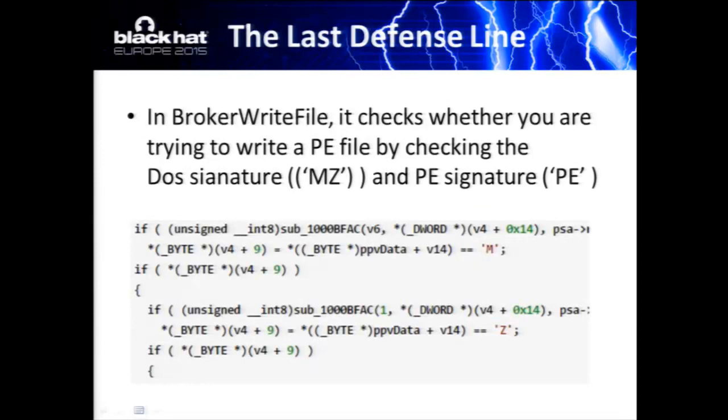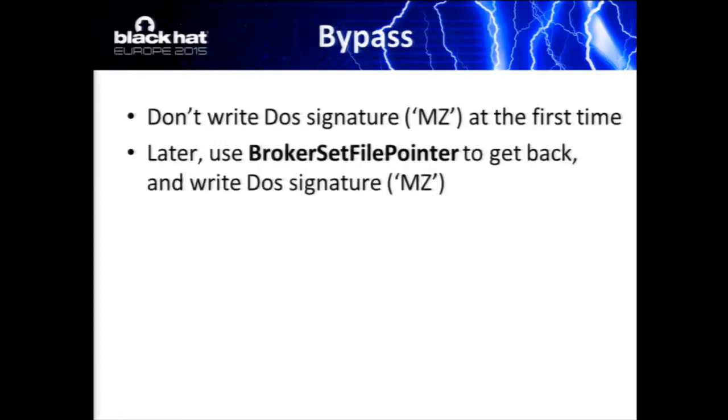If it finds such a signature, it will consider that you are trying to write a dangerous file, and the write will fail. But this check is not very useful, since it only checks the first time that you write to the file. So we can just bypass this check like this.